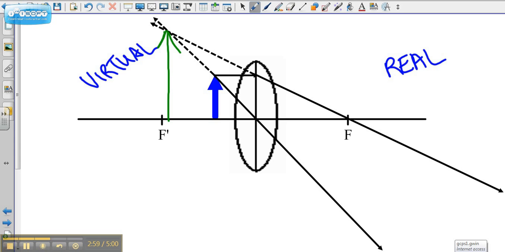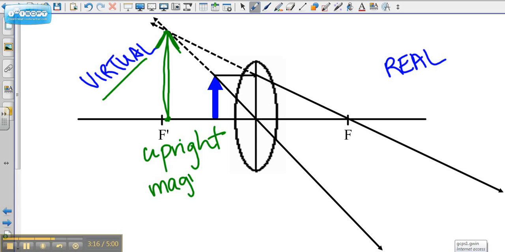We draw the arrow starting from the principal axis up to where it converges. This creates a virtual, upright, and magnified image. Those are your three blanks.